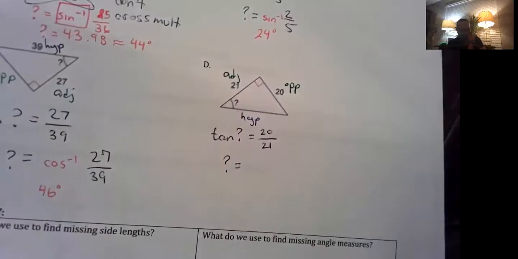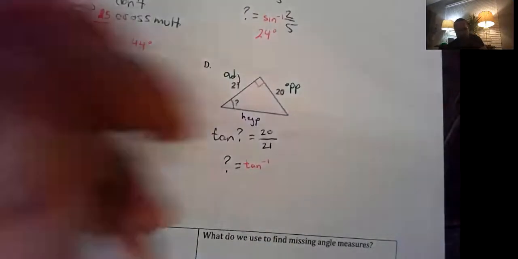All right, so I have a tangent of the angle is the same as 20 over 21, opposite over adjacent. Now we've had a chance, or we will have a chance, to practice using all 3 of these buttons with a -1 on it.